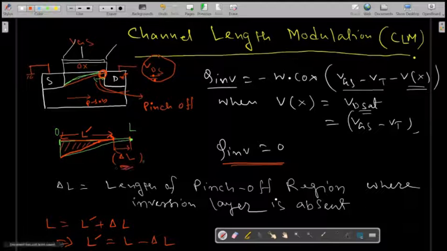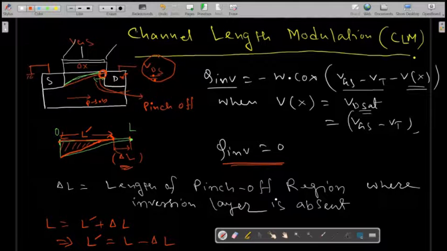So now we can say that the effective channel length responsible for the current is no longer L. It was L in the linear region, but in the saturation region, instead of L, it is L dash, because up to L dash the inversion layer charge is present.